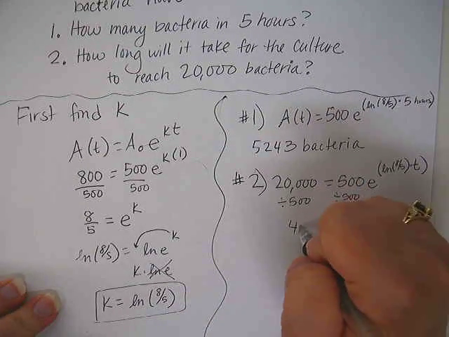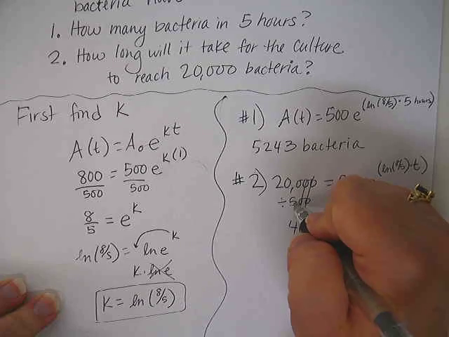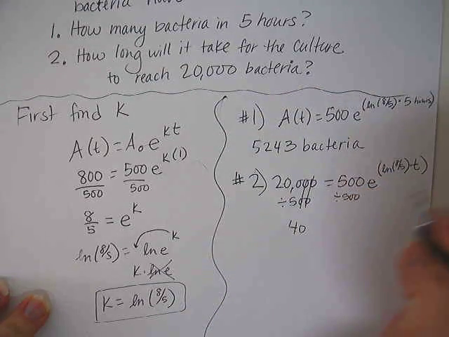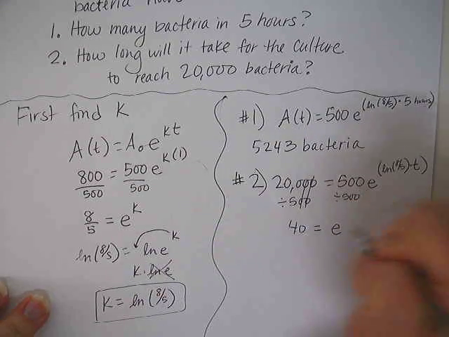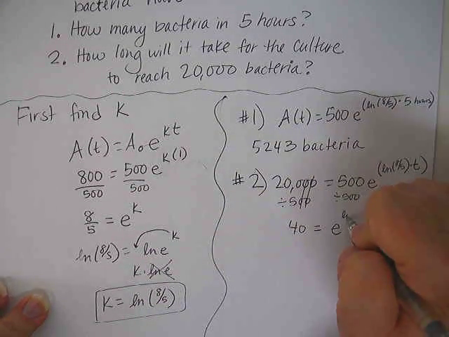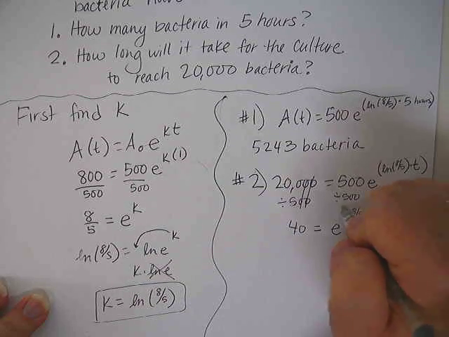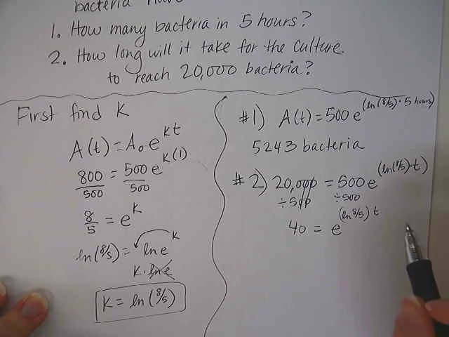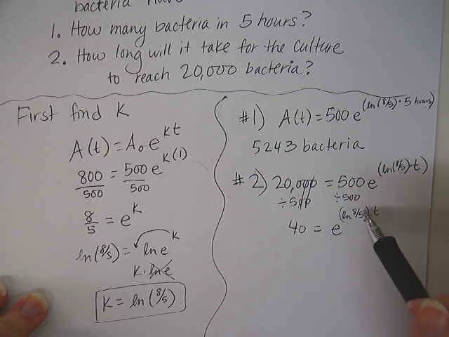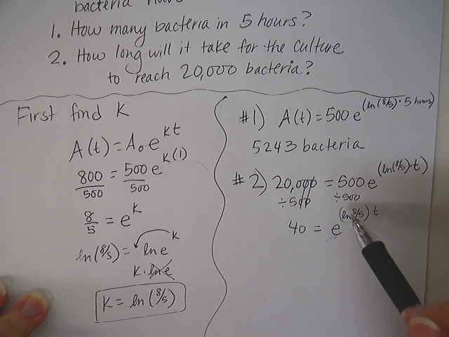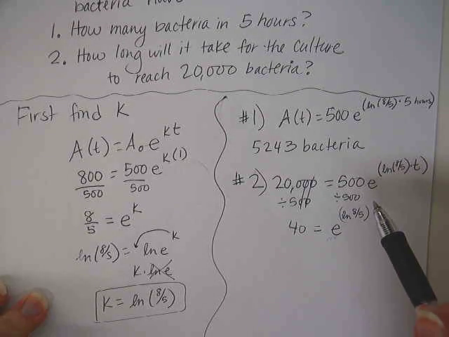So 20,000 divided by 500 is 40, right? 5 goes into 20 4 times, so 40. So 40 equals e to the natural log 8/5 times t power. Now it seems like this should somehow cancel out too.